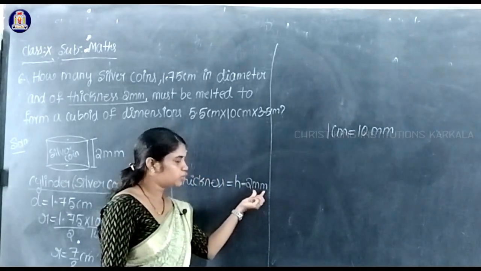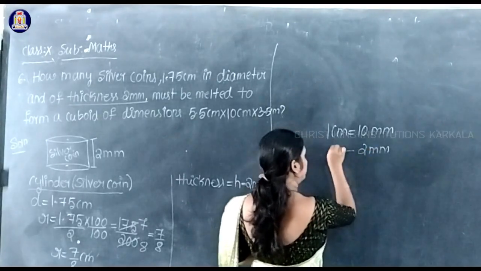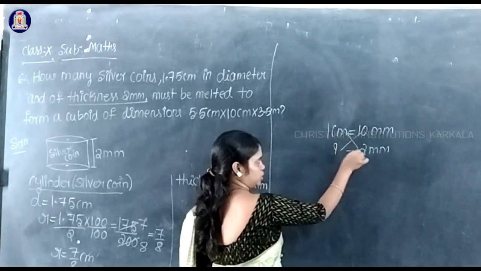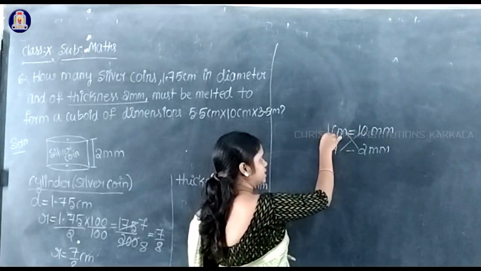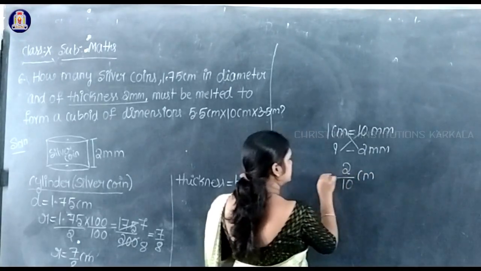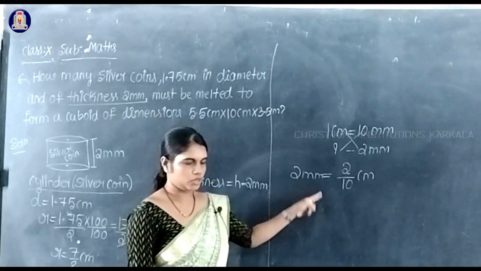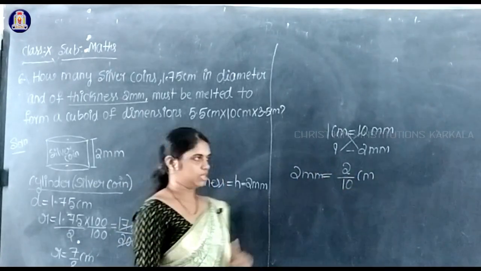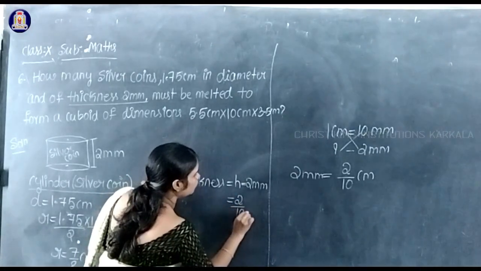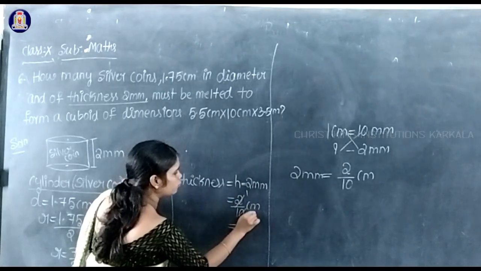So therefore 2 millimeter is equal to how many centimeter? What we have to do? Cross multiplication. 2 into 1, 2 itself, by 10. So 2 millimeter is equal to 2 by 10 centimeter. 2 ones are 2, 2 fives are 10.